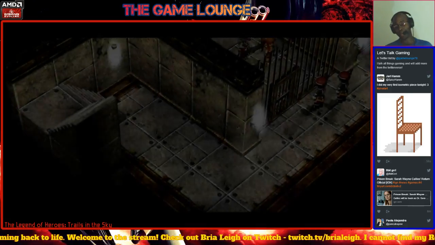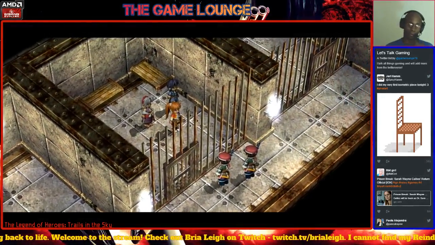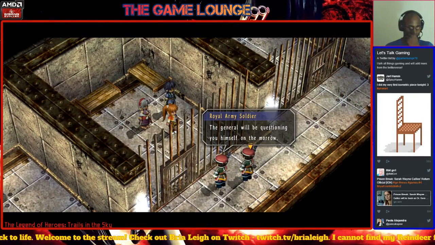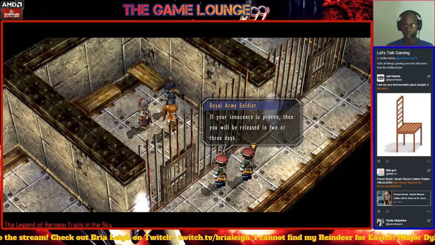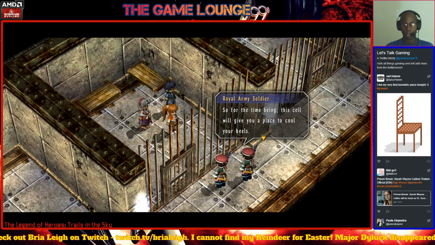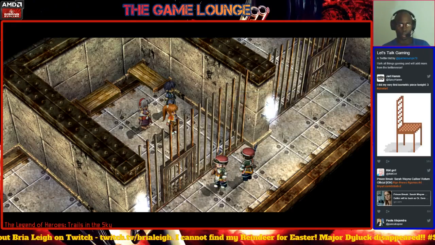I'm in jail for helping his old ass out. The general will be questioning you himself on the morrow. If your innocence is proven, then you will be released in 2 or 3 days. So for the time being, this cell will give you a place to cool your heels.